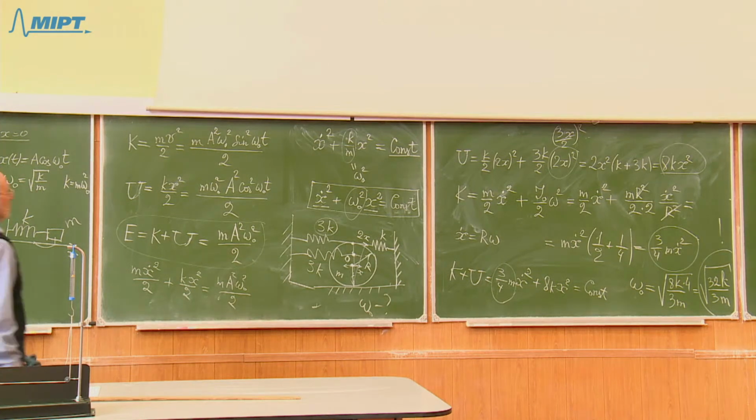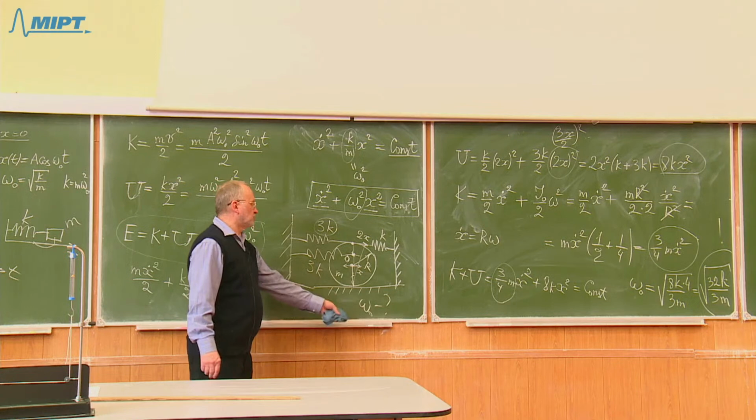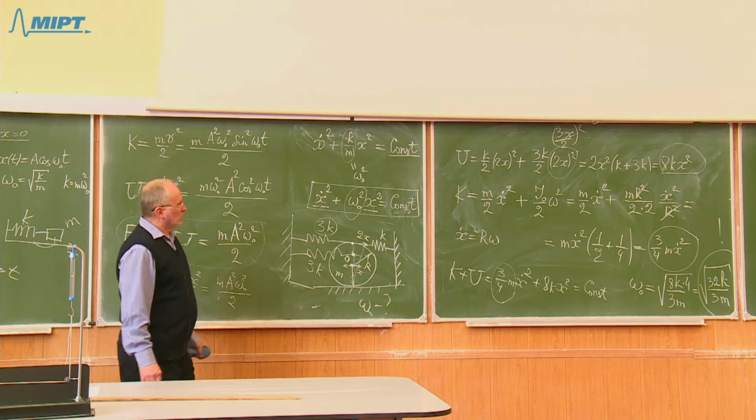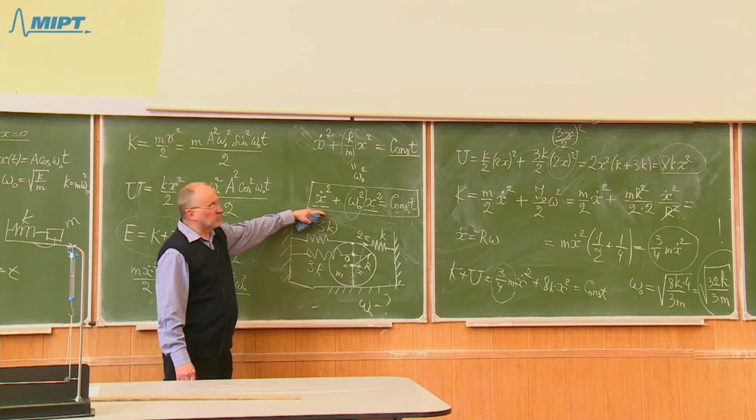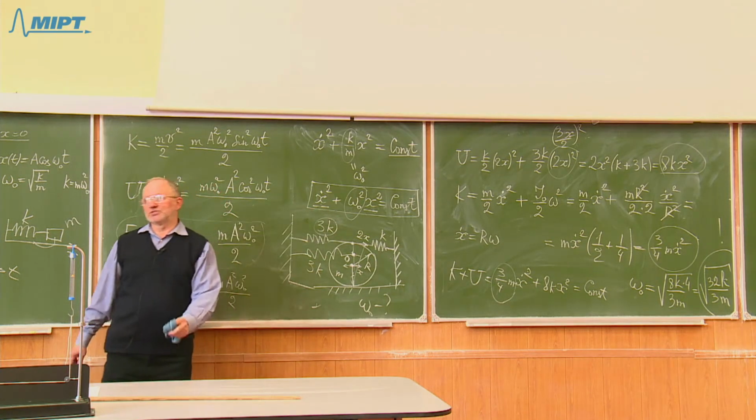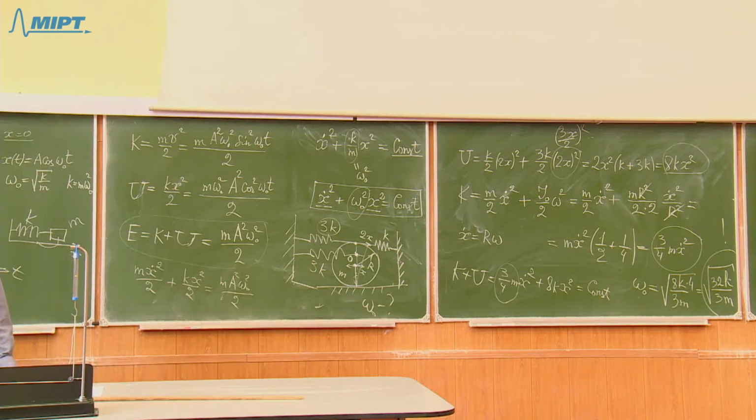So, as an example, I gave you a solution of this problem which illustrates the application of this important law of conservation of energy, which gives you immediately the vibration frequency.